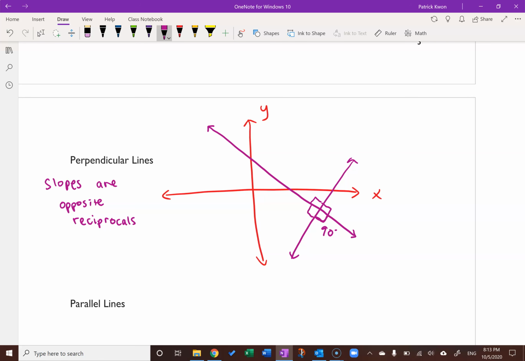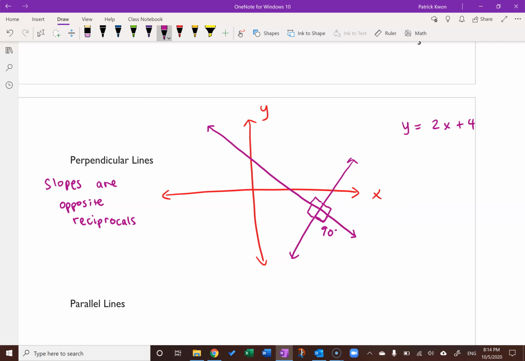So, for example, let's say that we had y equals 2x plus 4. So we have an equation of a line here, and let's say someone asked you to come up with an equation of a line that is perpendicular to that line. The only requirement is that the slope needs to be the opposite reciprocal.